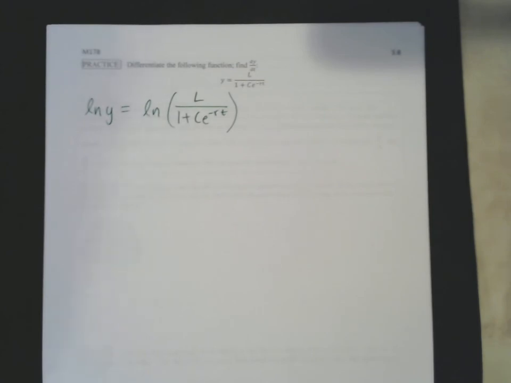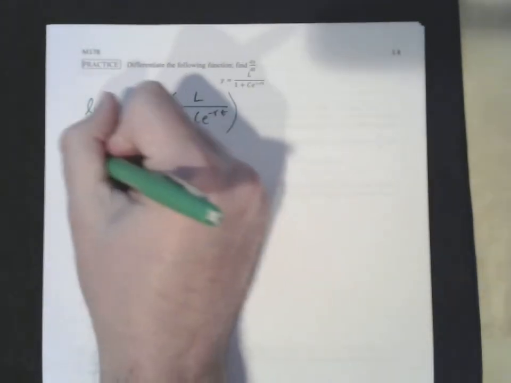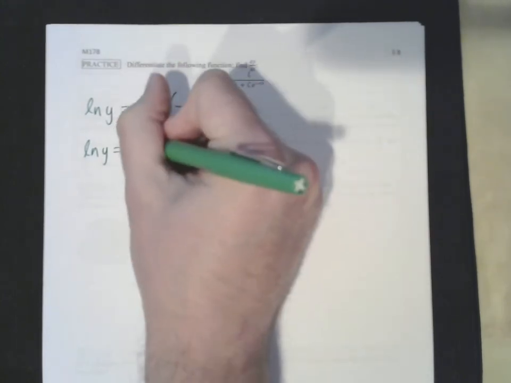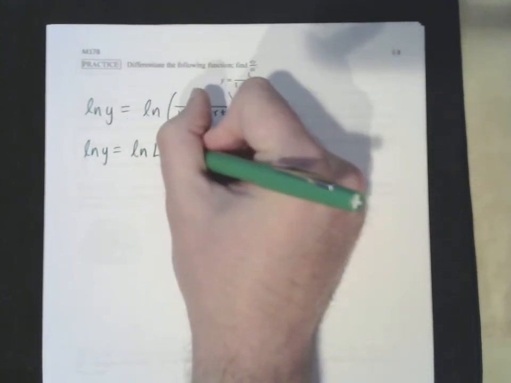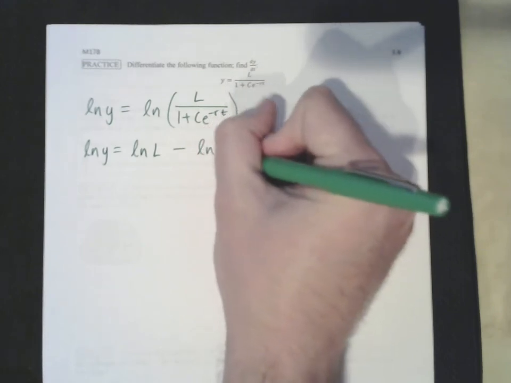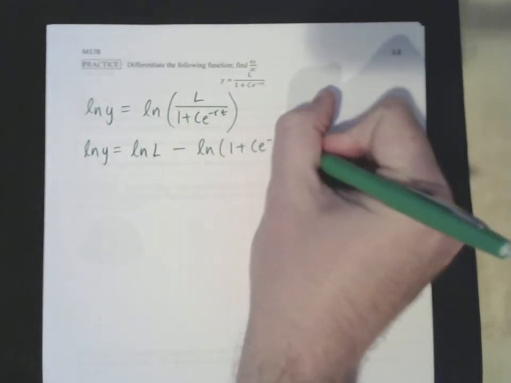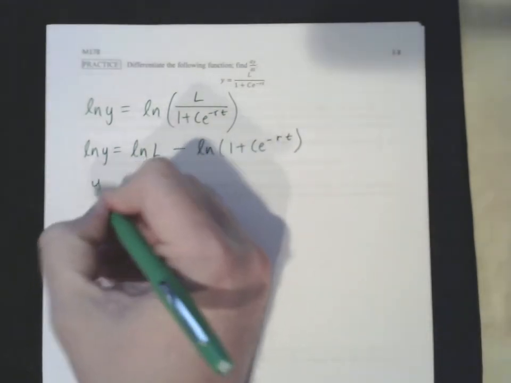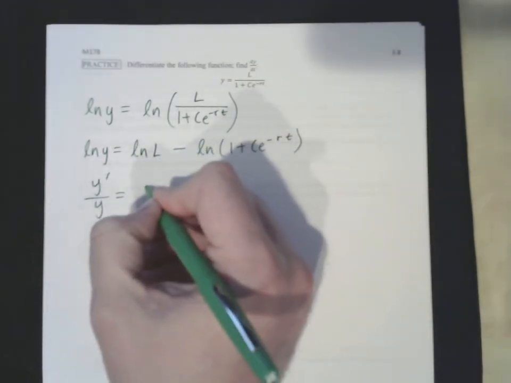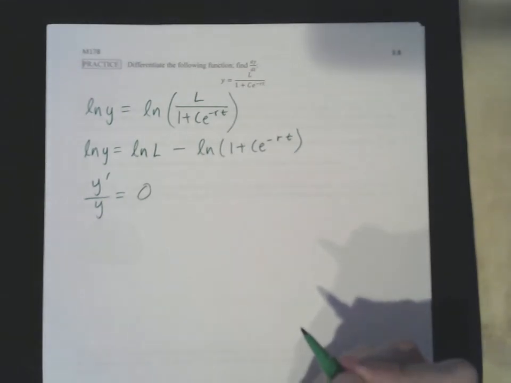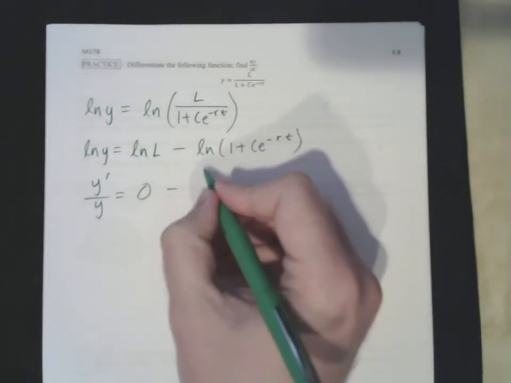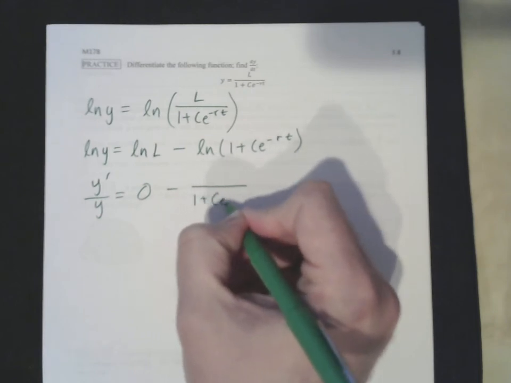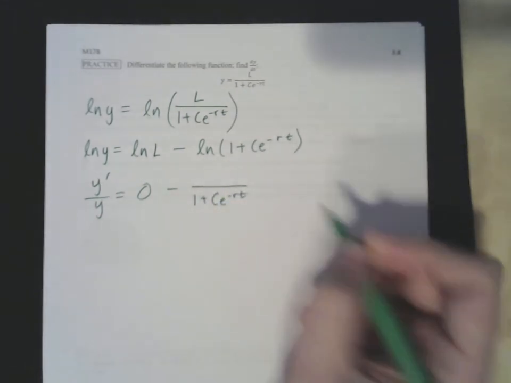Okay, great. So our properties of logarithms say that we can split the division to ln of L minus ln of 1 plus Ce to the negative rt. And now we take the derivative. Y prime over y equals 0 because L is a constant. 0 minus, it's going to be a fraction. 1 plus Ce to the negative rt goes on the bottom.